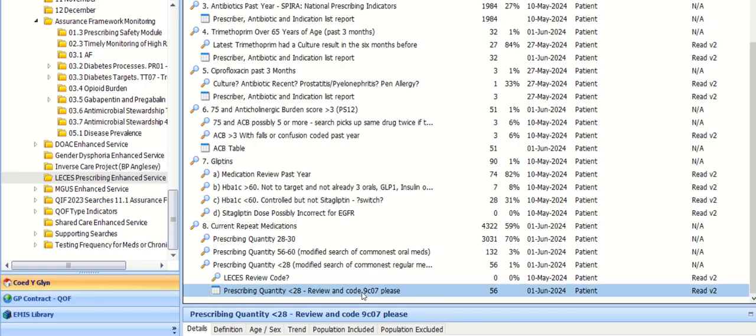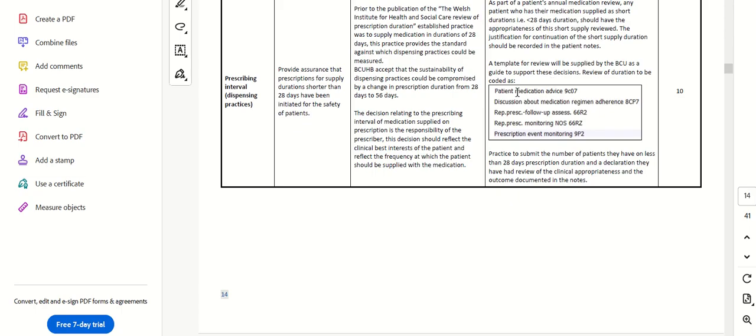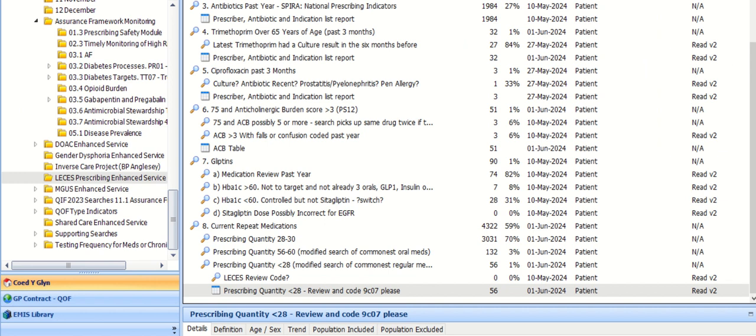So we will have got those to 56 and look to show that yes, we have put the code 9C07, I guess, is the one that we will use in our practice just for convenience, patient medication advice, so that we will have that by the end of the year.